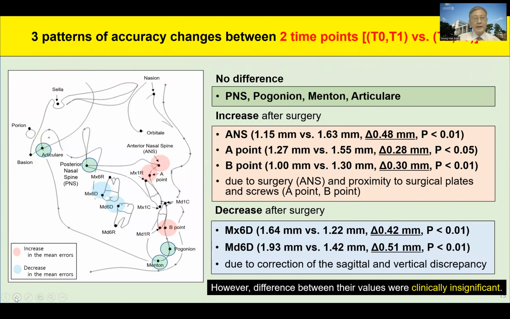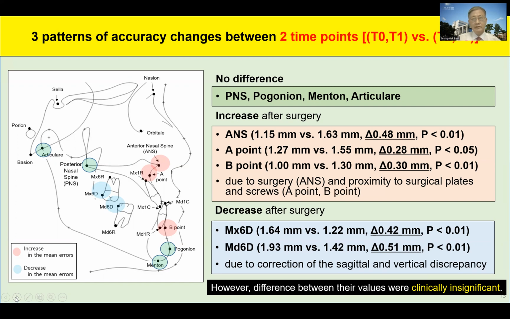There were 3 patterns of accuracy changes between 2 time points. First, PNS, Pogonion, Menton, and Articulare did not show significant difference between 2 time points. Second, ANS, A point, and B point showed an increase in error values after surgery due to surgery and proximity to surgical plates and screws.